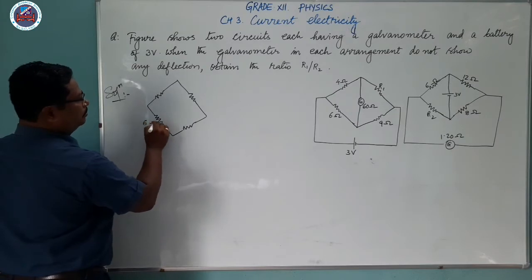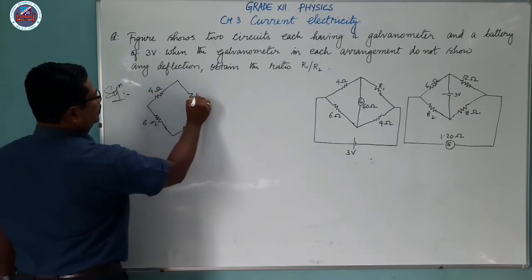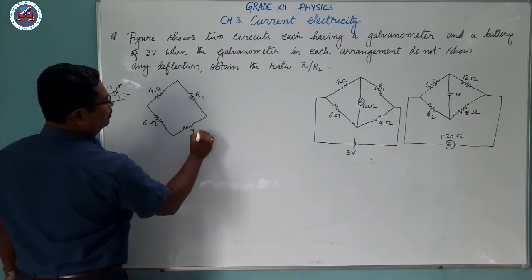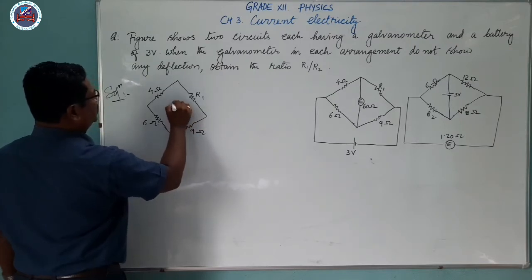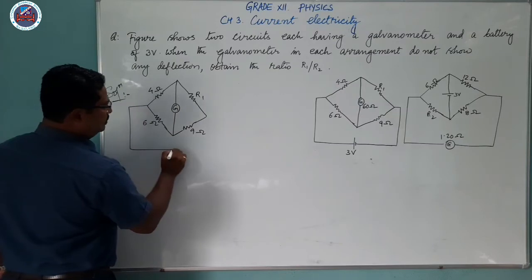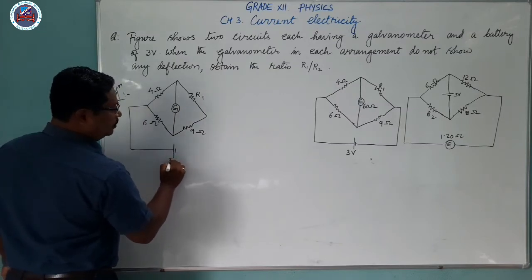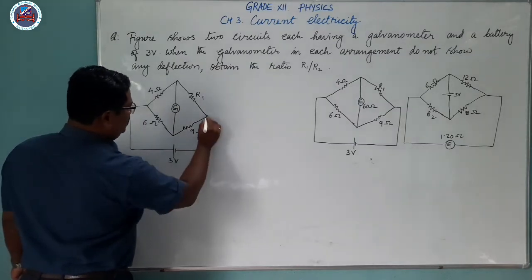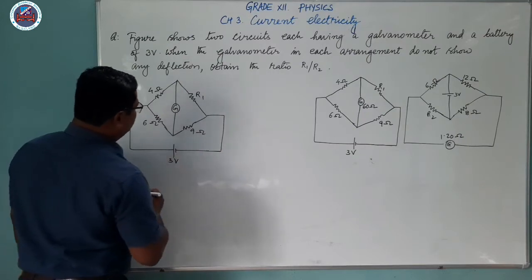This is 6 ohm, 4 ohm, R1, 9 ohm, and the galvanometer is here. Then this is your 3-volt battery.